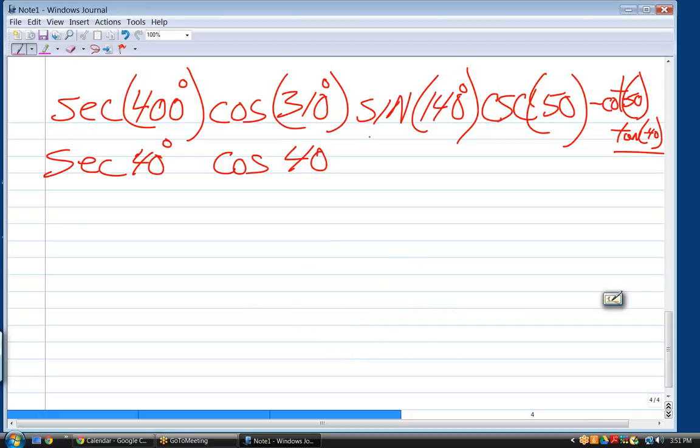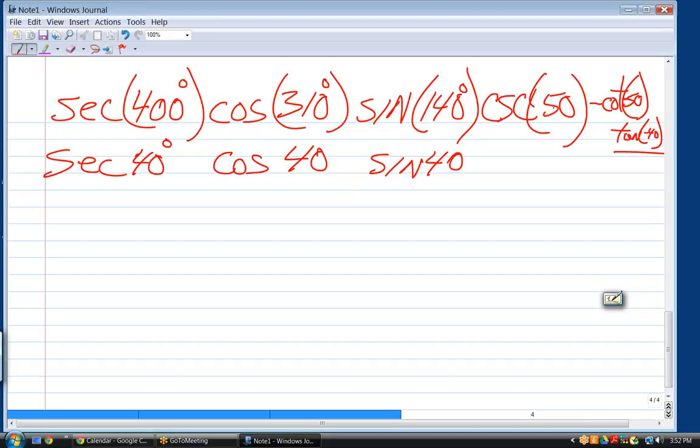What can I replace that with to try to come up with 40? It's just sine 40. Yeah, in other words, the sine of 40 is the first quadrant angle that's equal to the sine of 140 because sine is positive in both the first and the second quadrant. So those two things are the same.